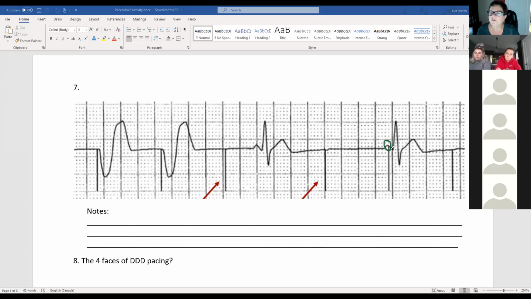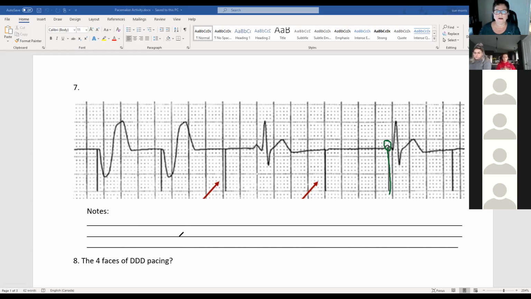So it was time for the ventricle to be stimulated, so the pacemaker kicked in. It just coincidentally happened at the same time the atria was causing a contraction. And so I need to increase my milliamps for this patient to enhance the capture, because sensing is just fine. Does that make sense?